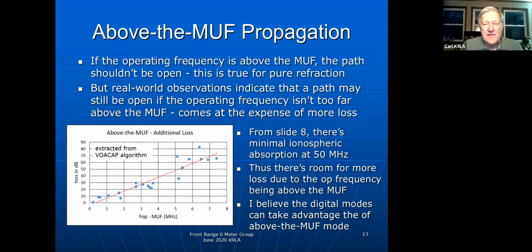Now, you've got to remember, from slide 8, there's minimal absorption at 50 megahertz, so there's lots of room for more loss due to the operating frequency being above the MUF. And this is what I believe the digital modes take advantage of, this above the MUF mode.